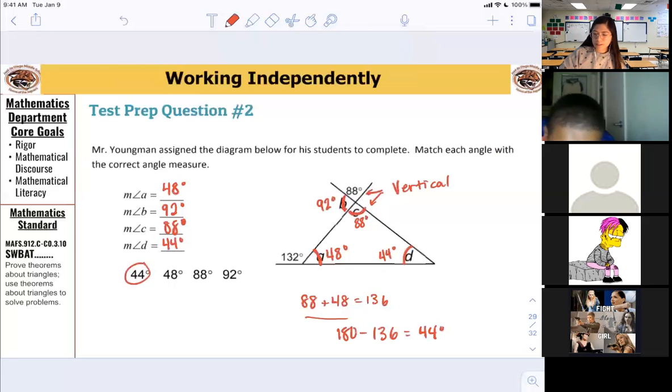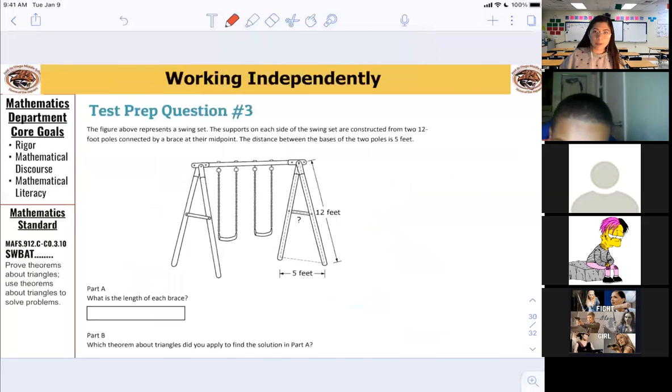Okay, two more questions left, and then we'll be done a little bit early. Can I have a volunteer read this one if possible? Tyrone, if you can, or someone else could read also. What is a brace?